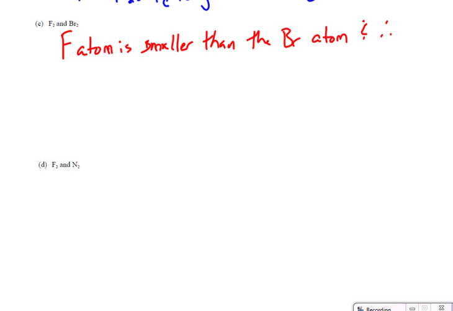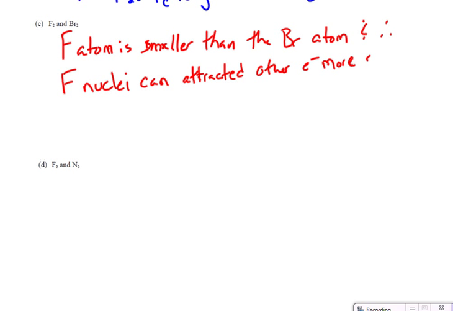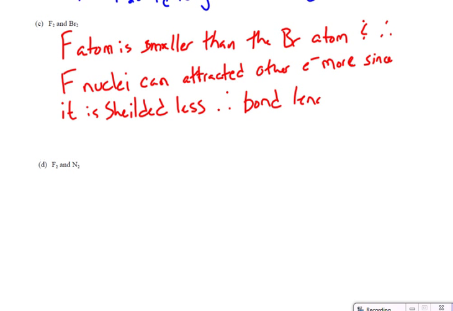And therefore, fluorine nuclei can attract other electrons more, since it is shielded less. Therefore, bond length is shorter.